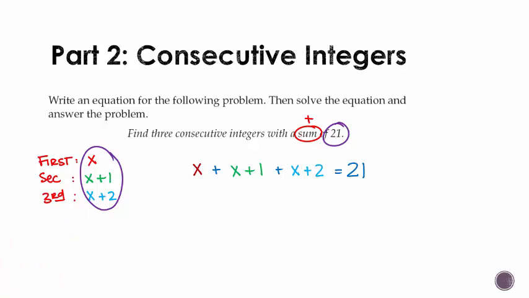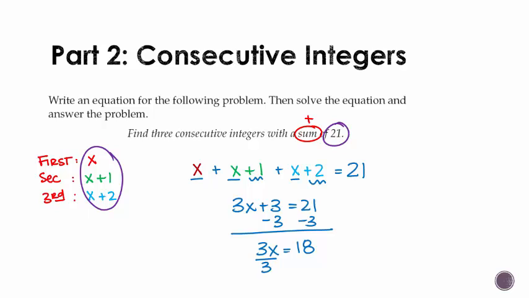So here's our equation, and now we can solve it. First thing we gotta do is combine some like terms. So we have 3 x's plus 3 equals 21. We gotta subtract 3 from both sides, and then divide by 3. So we get x equals 6.